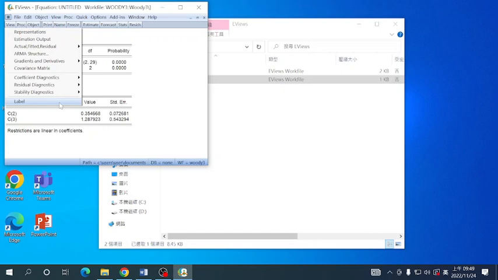So the probability is used for the p-value of the F test, from the output here. For p-values, probabilities, we always compare with the alpha level. What do we mean by the alpha level? Alpha level is the type 1 error, what we call the allowable type 1 error.